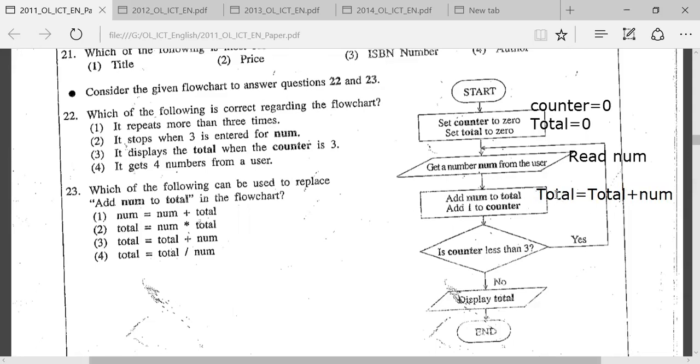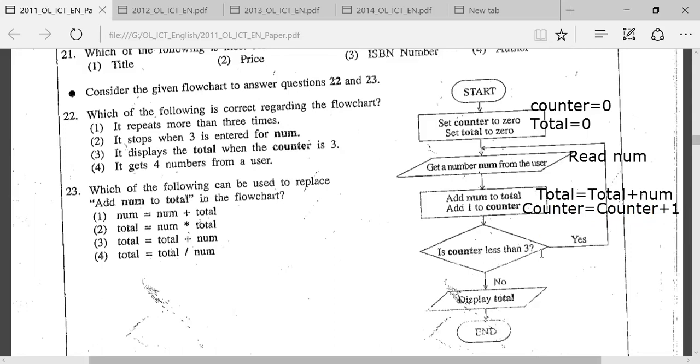So there's no worries. Total equal total plus num. Add 1 to counter. Right? So counter equal counter plus 1. Right?